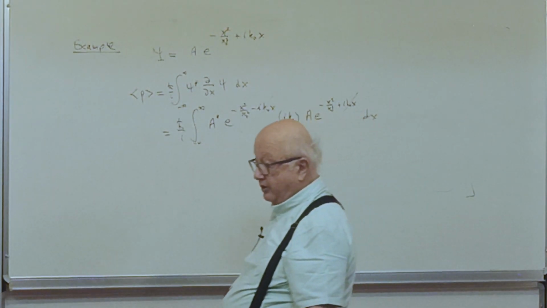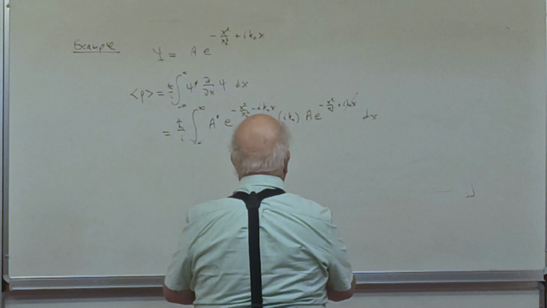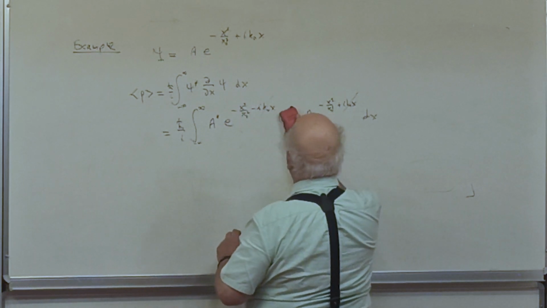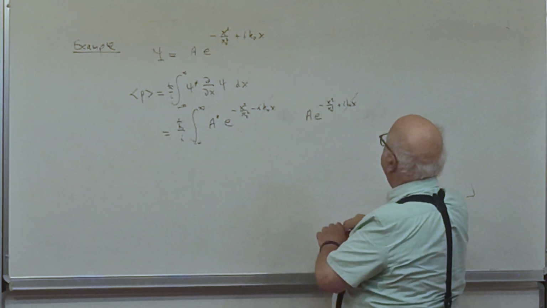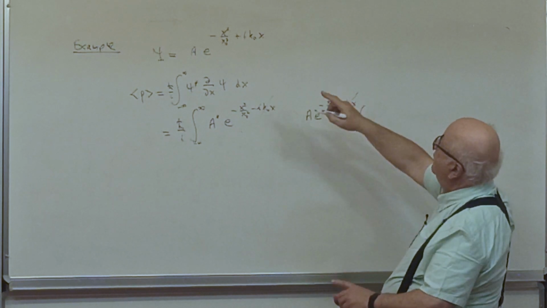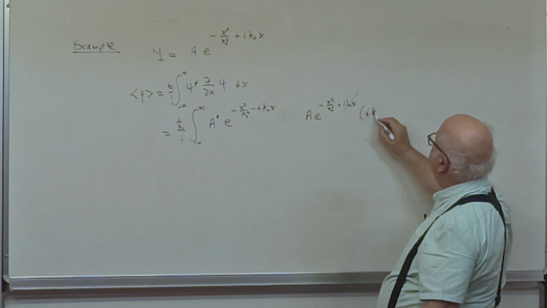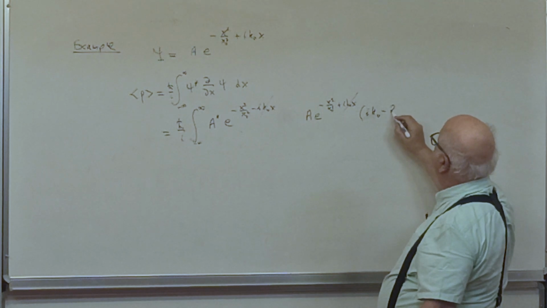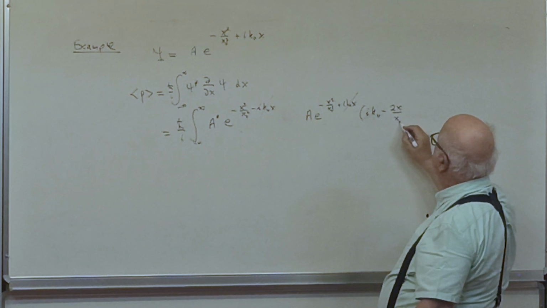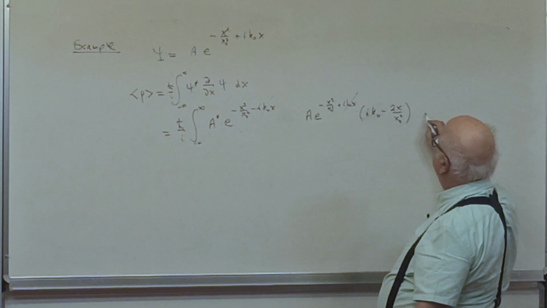Yes, thank you, very important. So the derivative gives i k0 minus 2x over x0 squared.